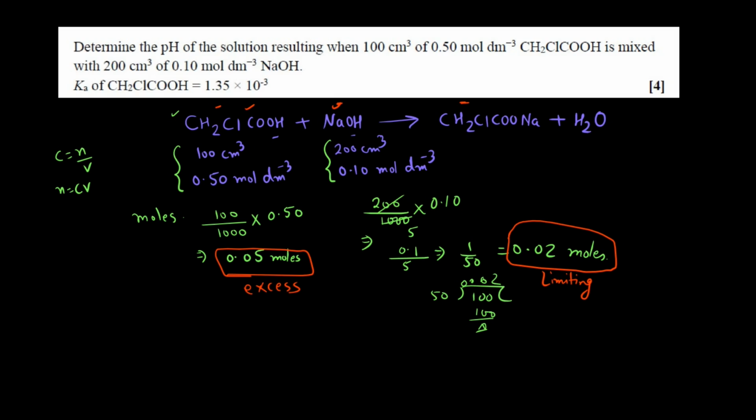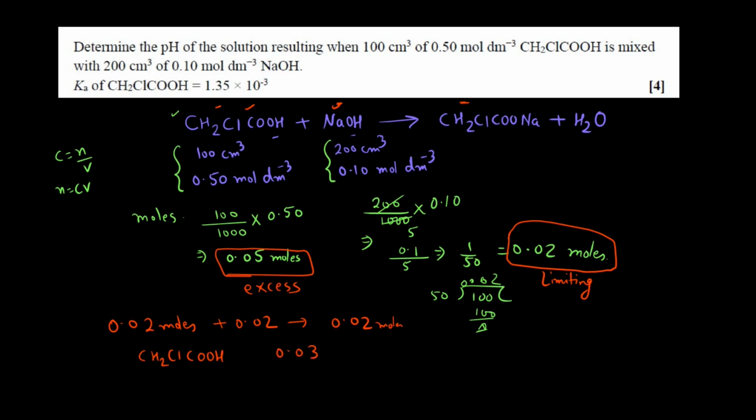So we can say that 0.02 moles of chloroacetic acid will react with 0.02 moles of sodium hydroxide to give us 0.02 moles of the salt. So the leftover chloroacetic acid moles will be 0.03.